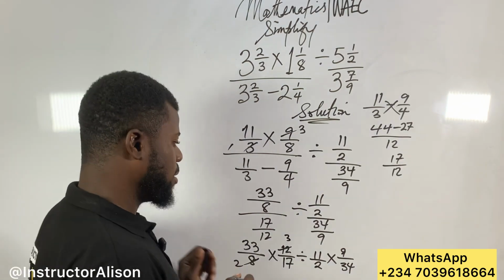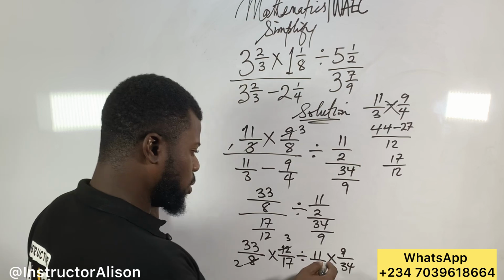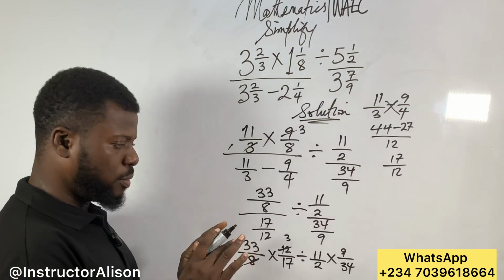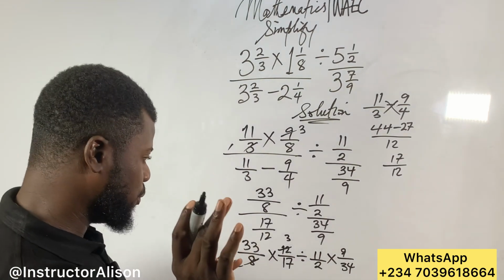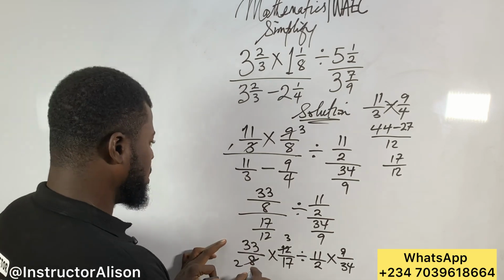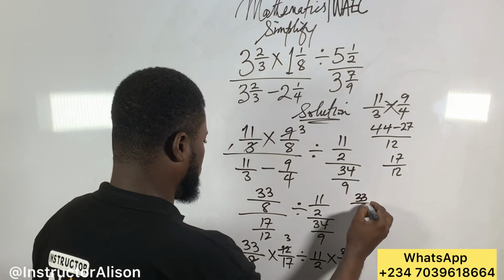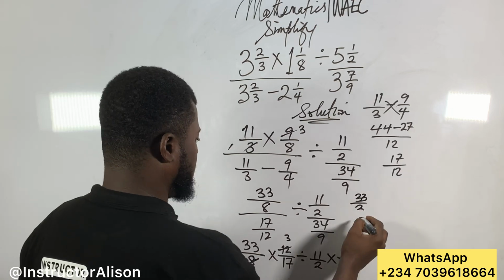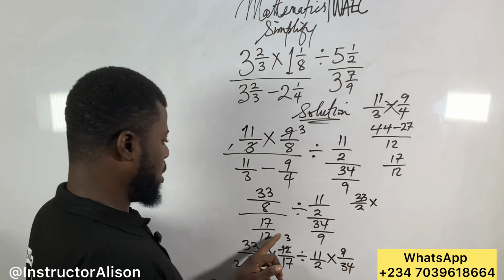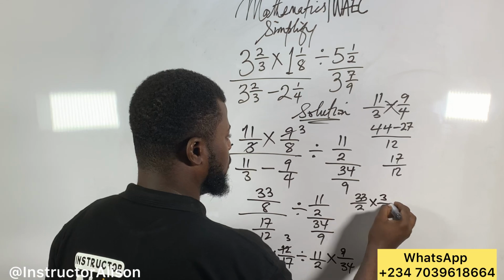On this side, nothing go. Make we leave am there the way e dey. So what will be the next thing? I can say 33 over 2 times, here we get 3 over 17.